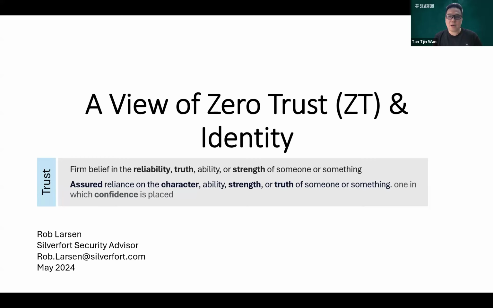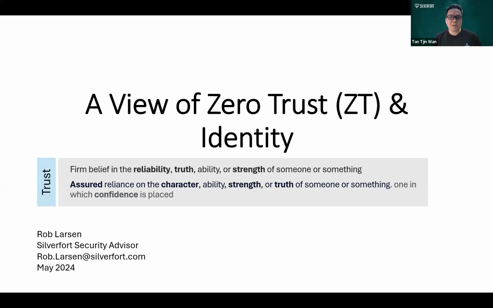At Silverfort, we believe that identity protection is a cornerstone of a robust zero trust strategy, because it addresses the fundamental challenge of verifying trust in an inherently untrusted environment. By prioritizing identity protection, organizations can ensure that access to resources and sensitive data is granted based on verified user identities, minimizing the risk of unauthorized access, whether it is from compromised credentials, insider threat, or external attacker.